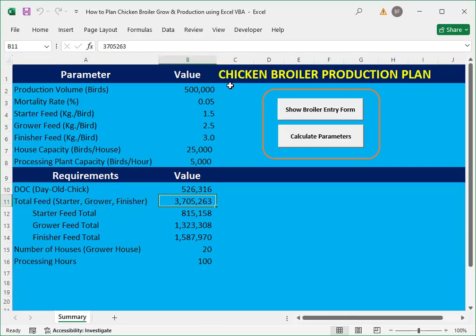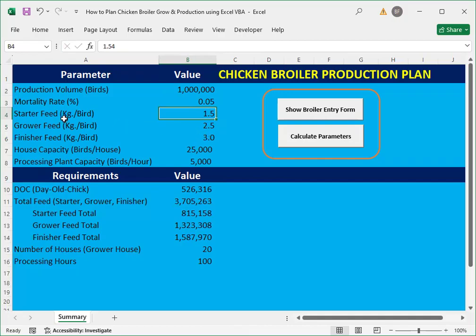Okay? So we go back to 1 million, 1, 2, 3. Okay, enter. Okay, we remain at a mortality rate of 5%. We cannot change this because this is the standard kilogram consumption per bird.